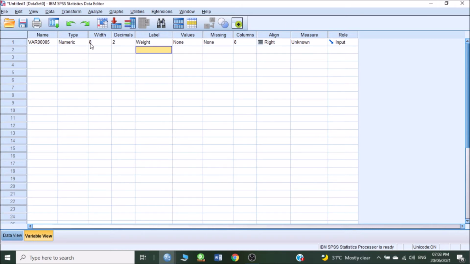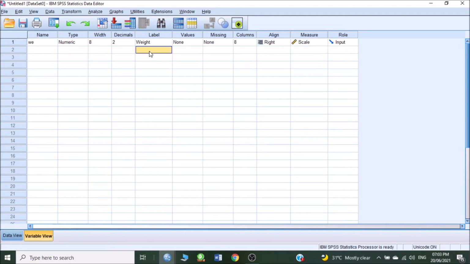What you are going to do: name, slightly you change, some short form, maybe WE, or without changing the name also nothing will happen. And for measure, you give scale, only this alignment you do, the rest of the things don't touch.